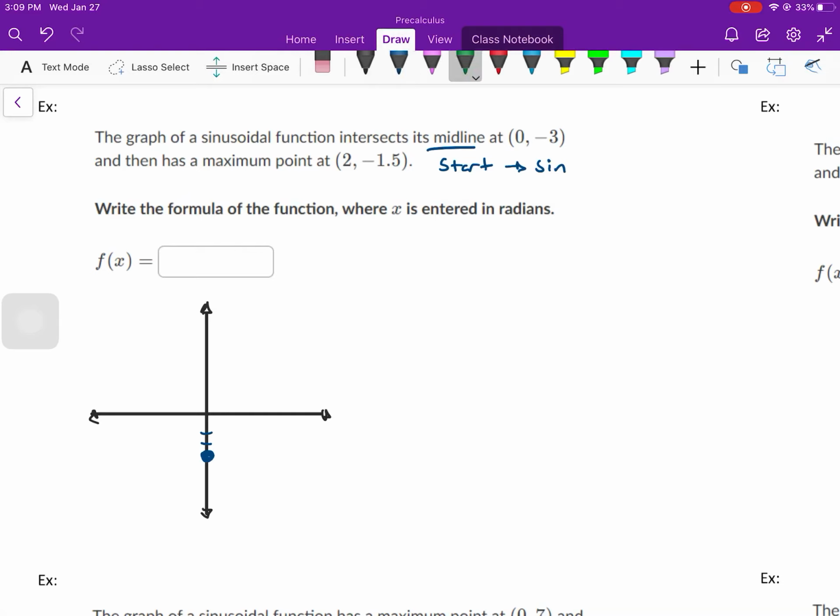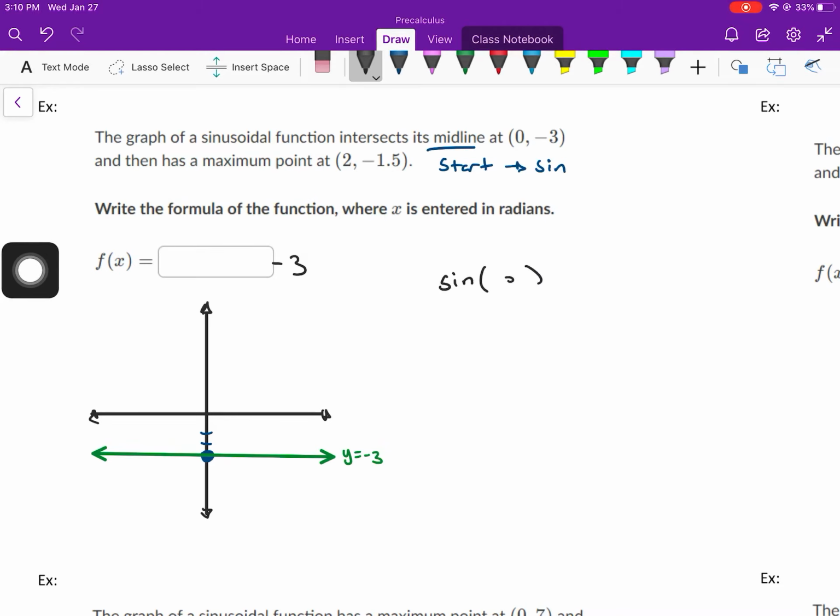So we know that this is the midline, which tells us that d is -3. So we can already come up with the end of our equation. It's going to be -3 on the outside, right? Let's figure out, is it positive or negative in front of our sine? So we're going to have sine of something, and we know there's a -3 at the end.